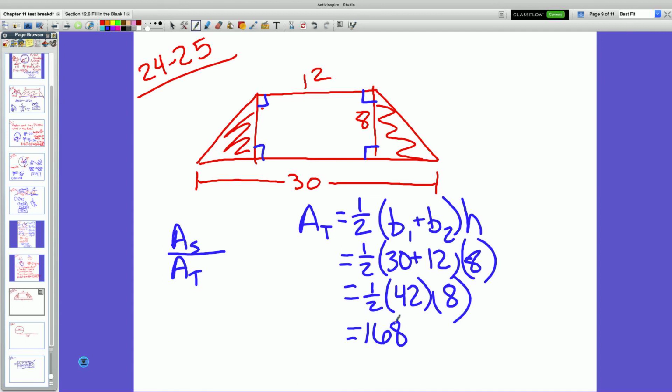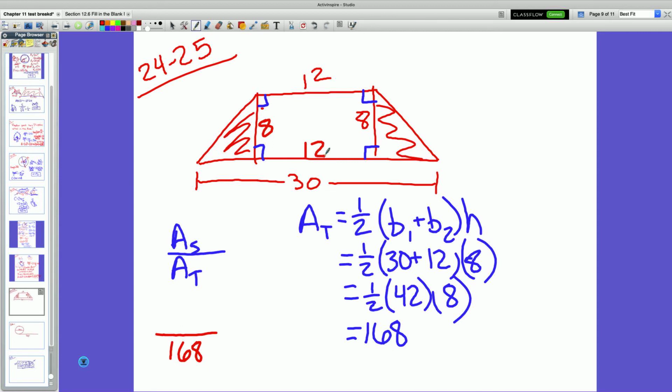Okay, so now I'm just going to start writing my fractions. So 168, that's my total area, or in this case, area of the trapezoid. Now, because these are all 90s, and I know that these are equal, then both pairs of opposite sides have to be equal. So this would be 12.